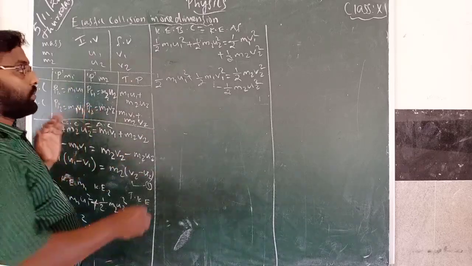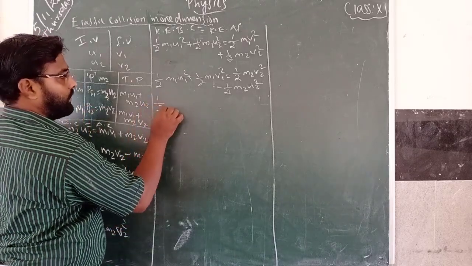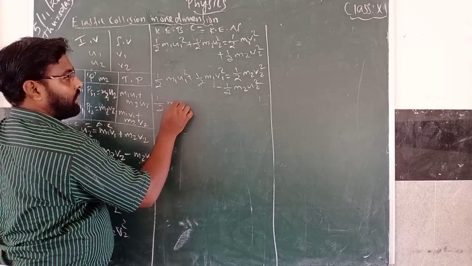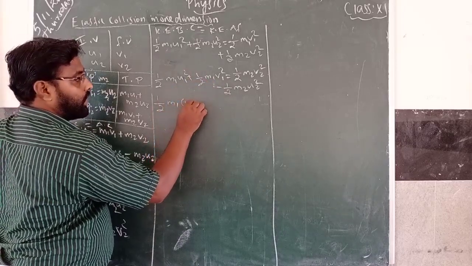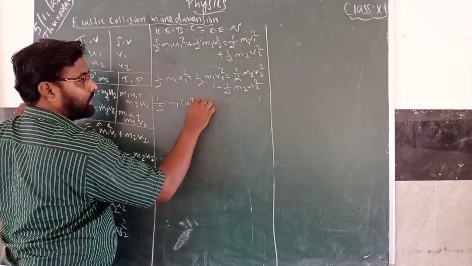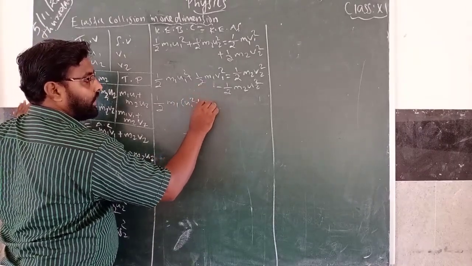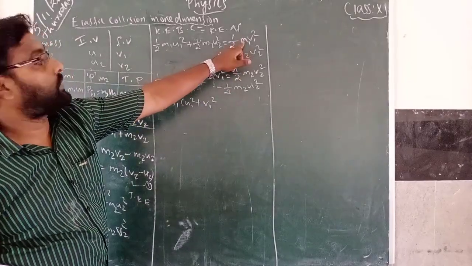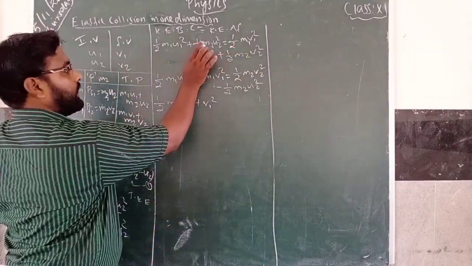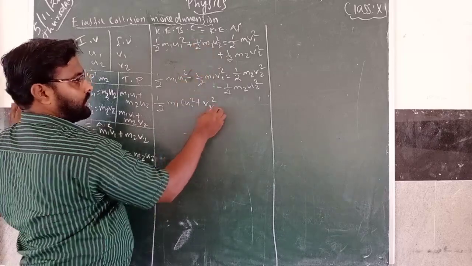Now take all the half outside. So take half m1 outside: u1 square minus v1 square. When this term comes to this side, here it will come minus.